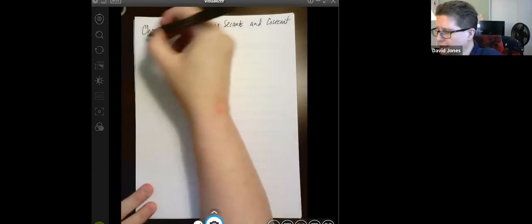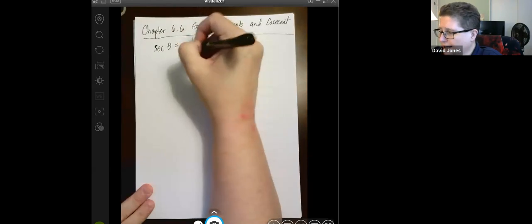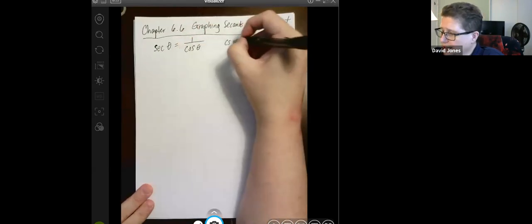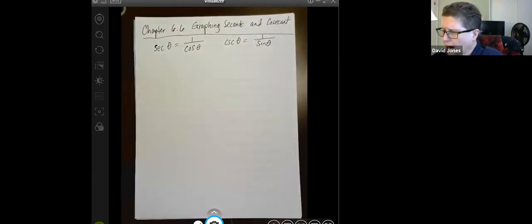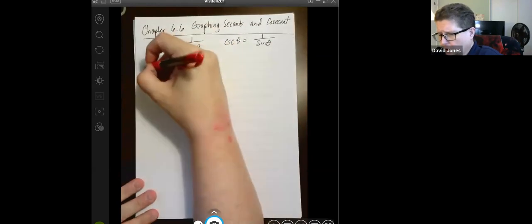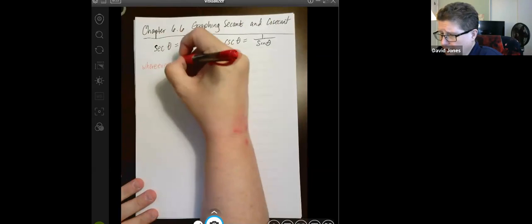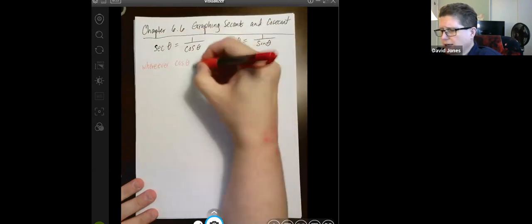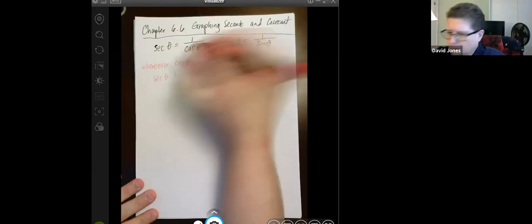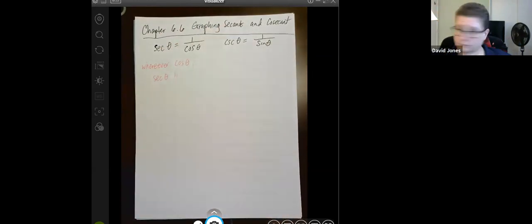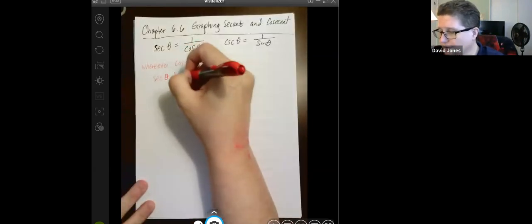And the biggest thing to remember about this: secant theta is 1 over cosine theta, and cosecant theta is 1 over sine theta. And why this is important, wherever cosine theta equals 0, secant theta has an asymptote.